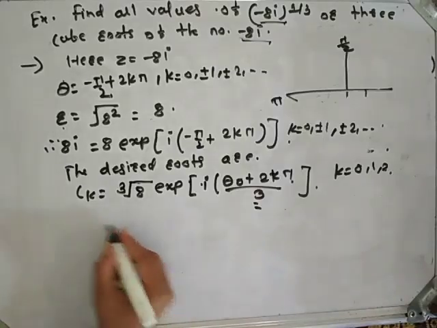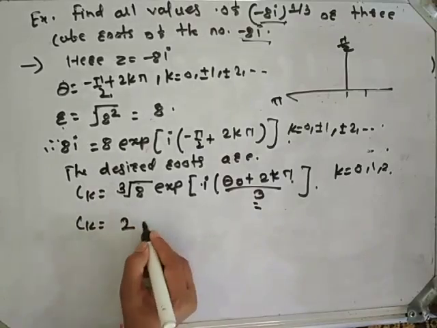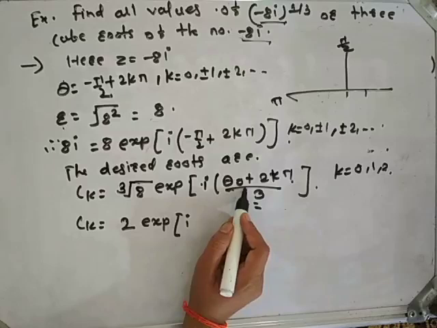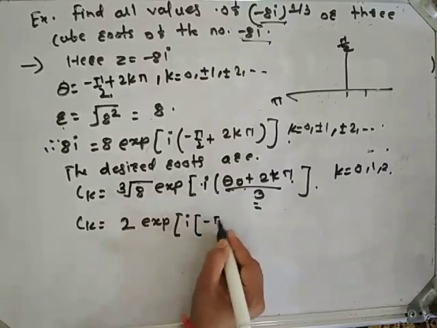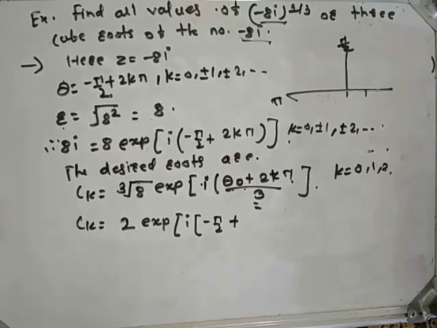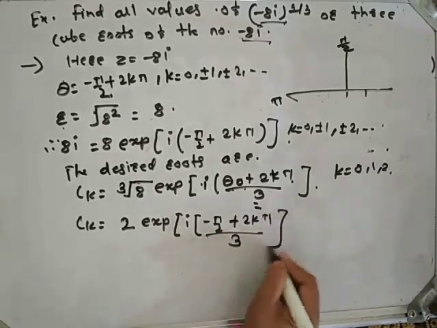So c_k is cube root of 8, which is 2, exponential of i (theta_0 plus 2k pi upon 3), where theta_0 is minus pi by 2.